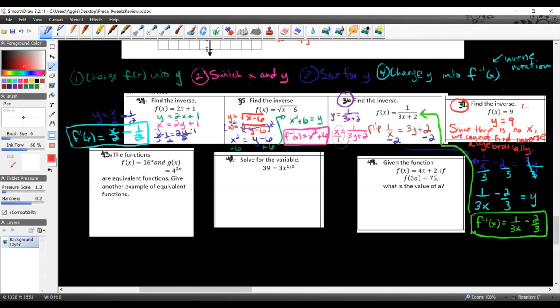Okay, so this is going to be an impossible one. So just don't forget that. If it's just a number, it's just a constant, therefore there's no x value that goes with it.